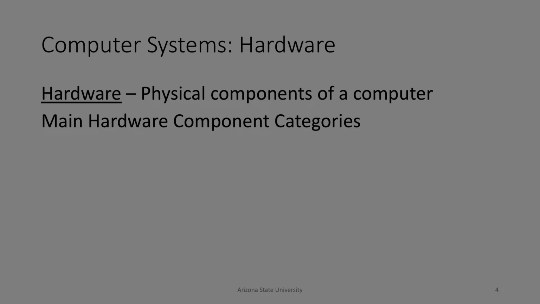But of course, there are categories for which hardware can be assigned. The main one is the central processing unit, or CPU. We're going to get into the CPU in a second, but the high-level idea is that it processes the instructions that you feed it via your program, and it'll do a certain action based off what it sees.